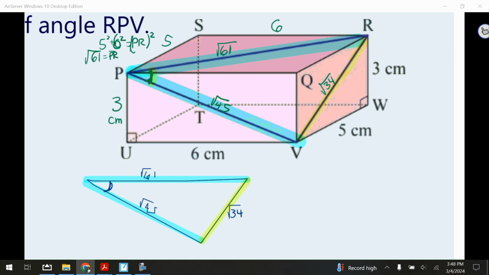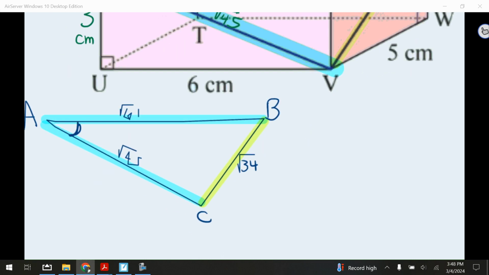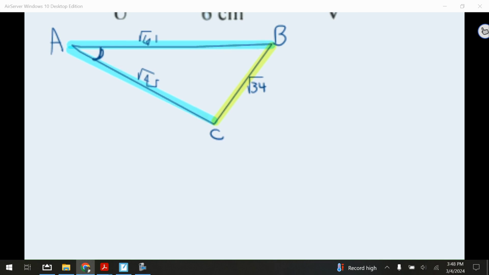So if we want to use the law of cosines, I know you all like A, B, and C better than the rest of the letters in the alphabet because it matches the law of cosines. So I want to find angle A. So the law of cosines equation I will need to use here is A squared equals B squared plus C squared minus 2BC times the cosine of angle A. We want to find A, so that's why we used this one.